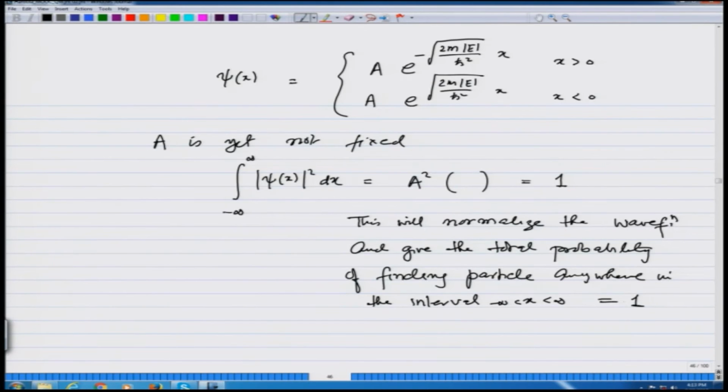Then I will have a normalized wave function. So, this is a very simple problem to start with.